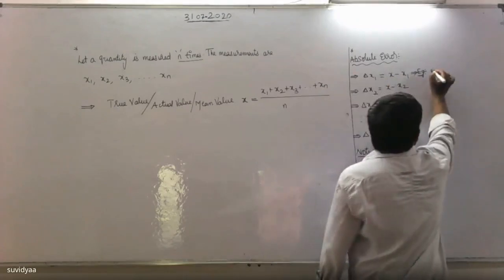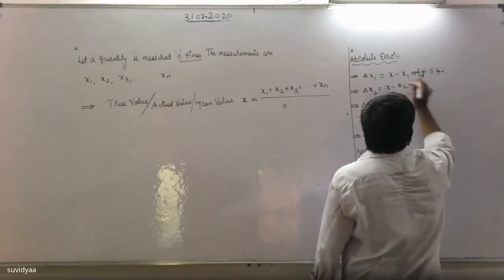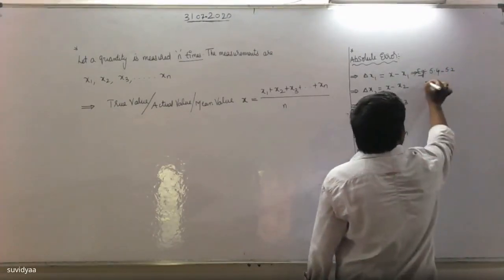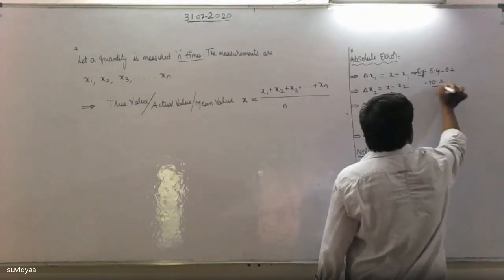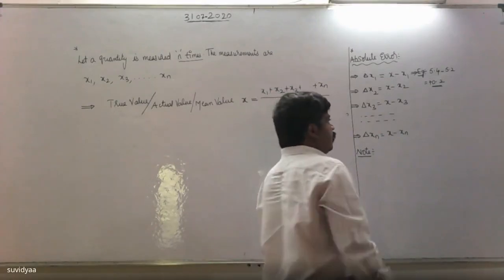Suppose x value is 5.4 minus x1 value is 5.2. Then what is the answer? Plus 0.2. Next, one more example.